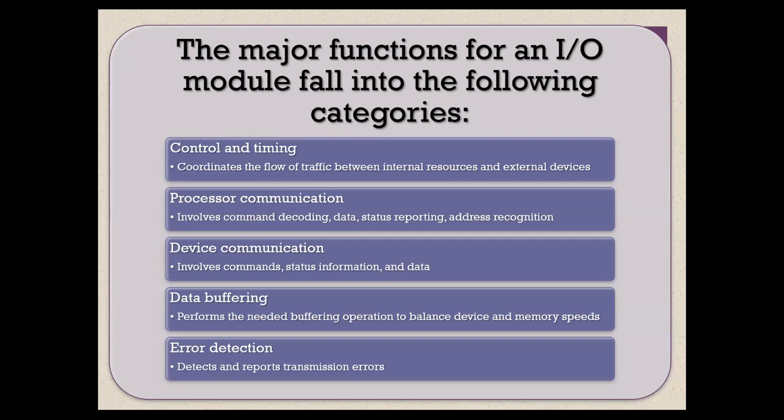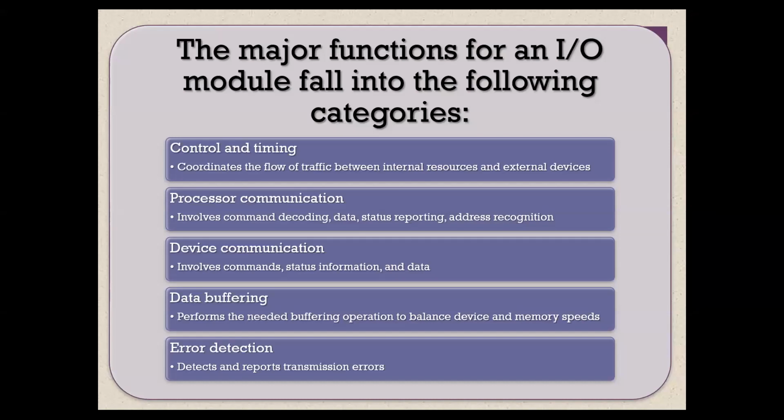Finally, the IO module is often responsible for error detection and for subsequently reporting errors to the processor. One class of errors includes mechanical and electrical malfunctions reported by the device. For example, as I mentioned, paper jam or bad disk track or no paper and so on.